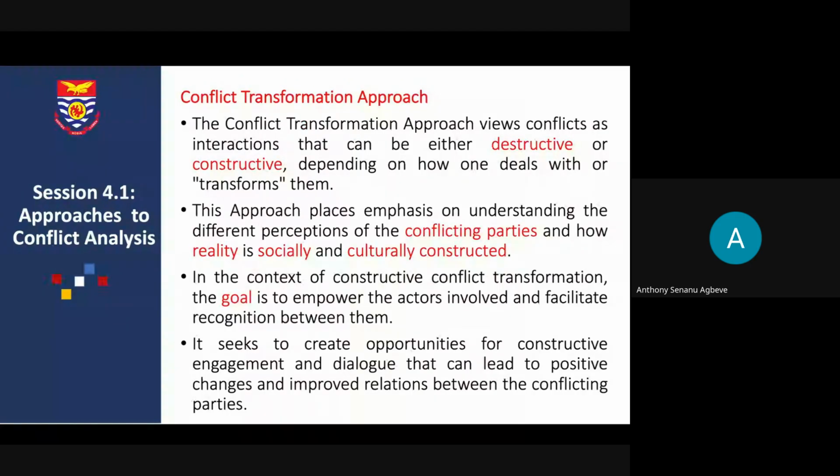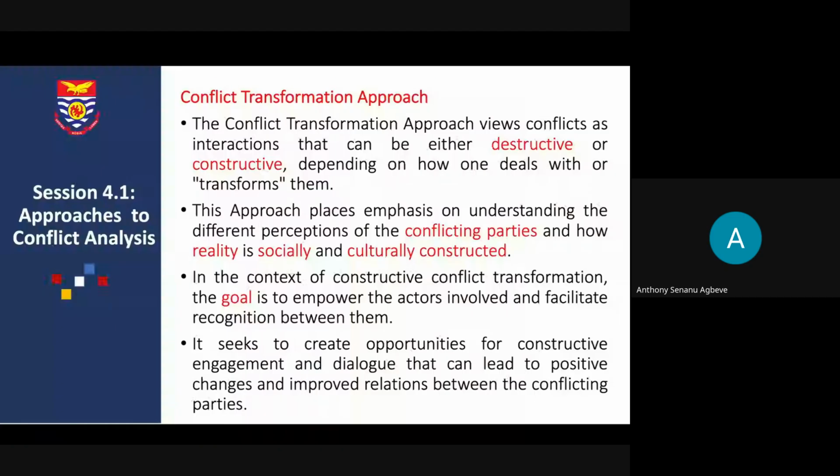Then the third approach is a conflict transformation approach. As the name suggests, you want to transform the situation, right? This approach views conflict as interactions that can either be destructive or constructive, depending on how one deals with or transforms them.